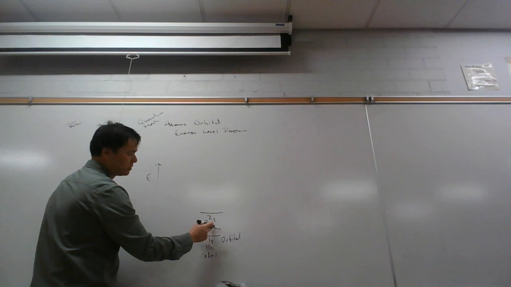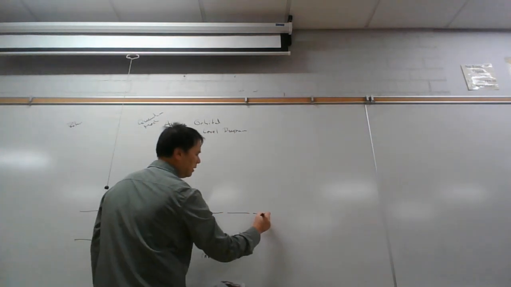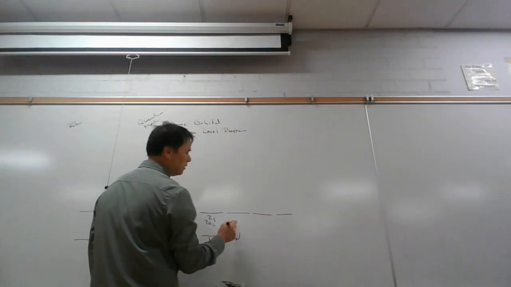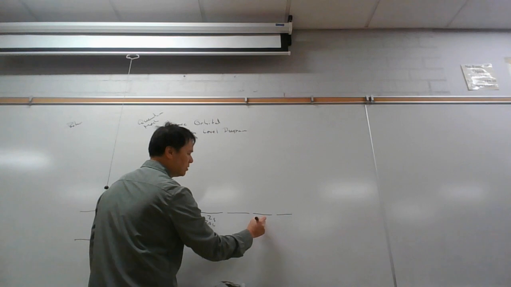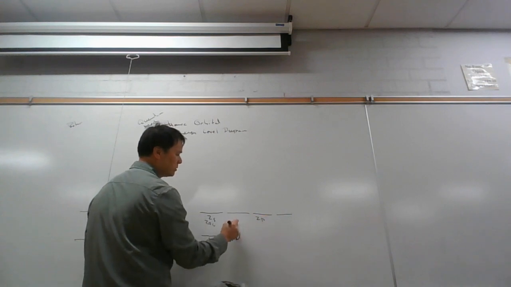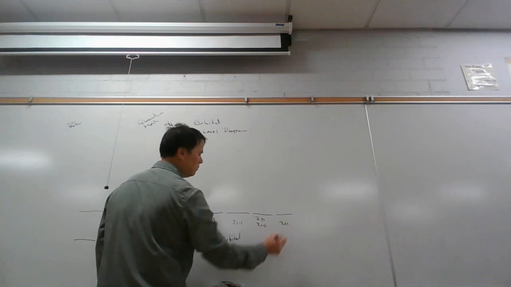And then there's also the 2p, which is what we call a sub-level or a subshell. And the 2p is going to consist of 3 orbitals. There's going to be the 2, 1, negative 1, the 2, 1, 0, and the 2, 1, 1.